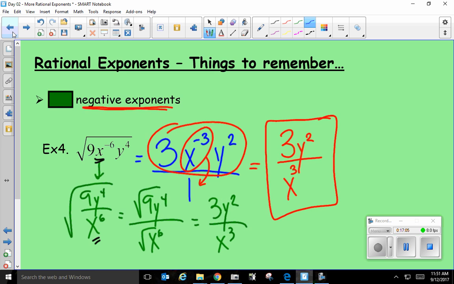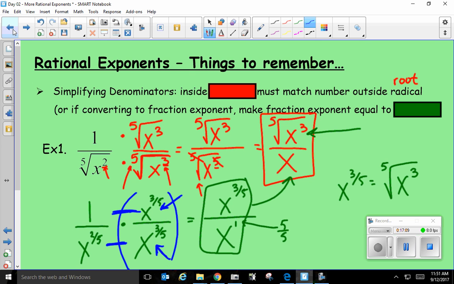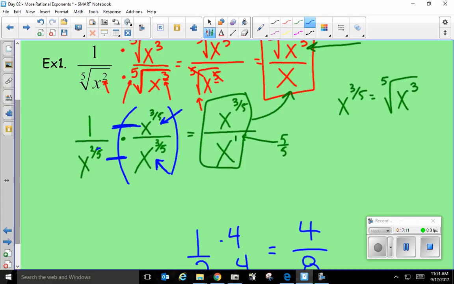On the very first slide, doesn't this have to match this in order to add them? The bottoms have to be the same. That's why they stay the same, because when you add fractions, the denominator stays the same.